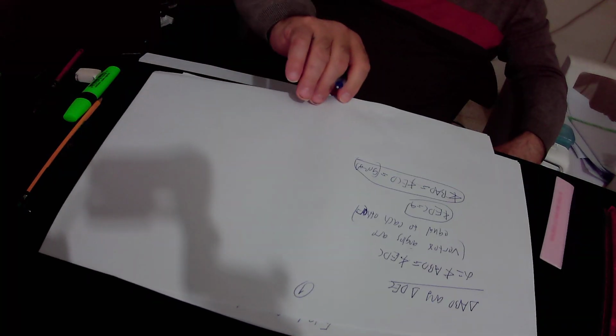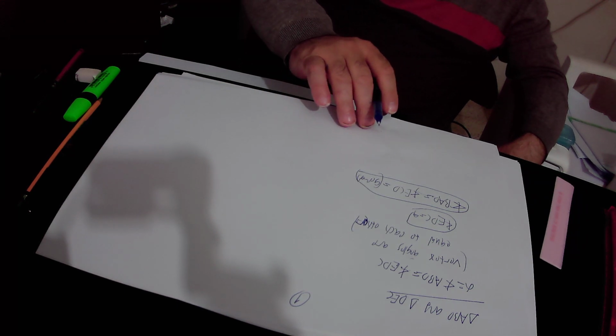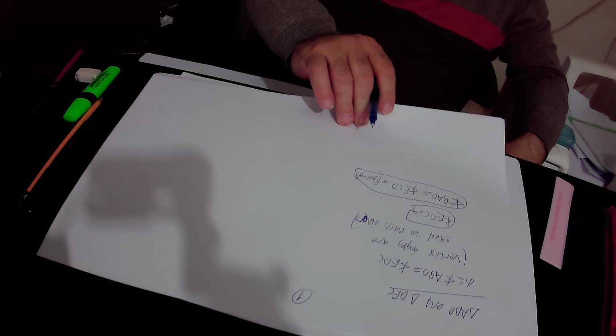Again, angle BAD equals angle ECD, and they are both equal to 90 degrees minus alpha.